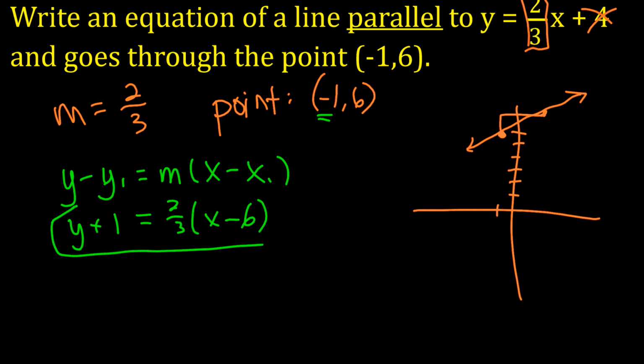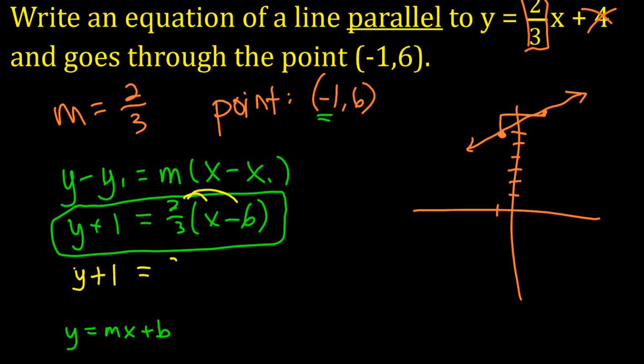So if it tells you to write an equation in this form, or it just says write an equation parallel to that, you're done here. That's the equation. You're good to go. Now, if it does say write it in y equals mx plus b form, we could figure that out. We would distribute this 2/3 in here, and we would end up with y plus 1 equals 2/3 x minus, well, 2/3 of 6 is 4, so it'd be minus 4.